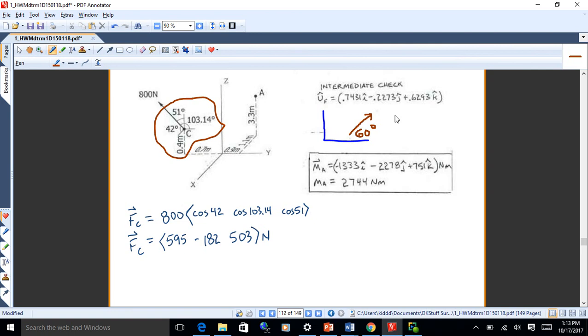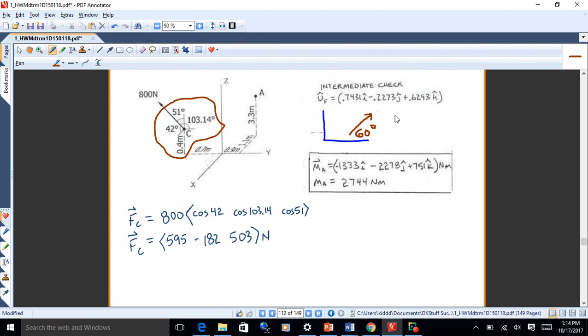So where I'm going with this is, even though that force is not at the origin, I can still use those angles as given to break it into x, y, and z components, okay? So I can just go ahead and do that. And I'll take the 800 times the cosine of the three angles with the lines over there at C that are parallel to the x, y, and z axes.